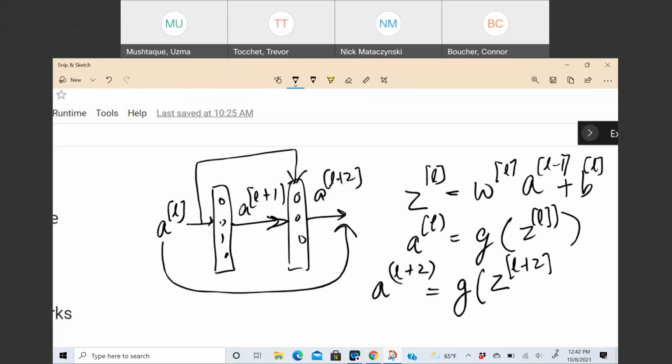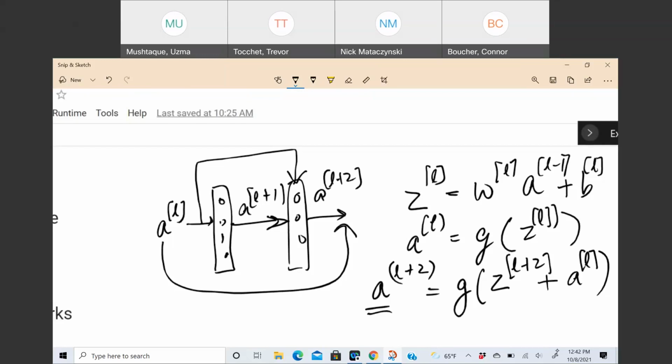Whenever we apply some activation in some layer, which is L plus 2 in this case, I apply a G over this. But here I'll also take this input from A of L, apply it to this input, and sum them up. That's the additional step I'm applying.